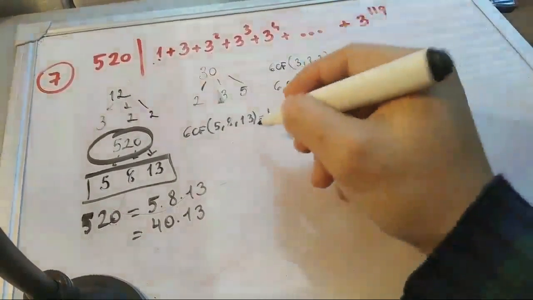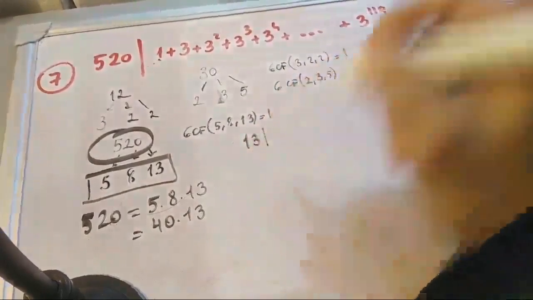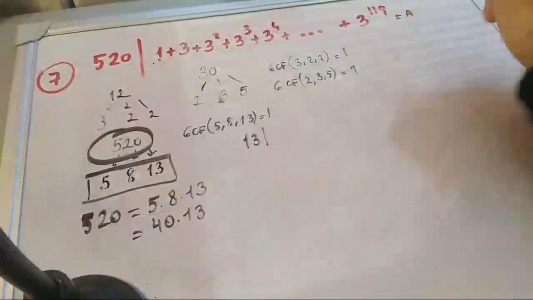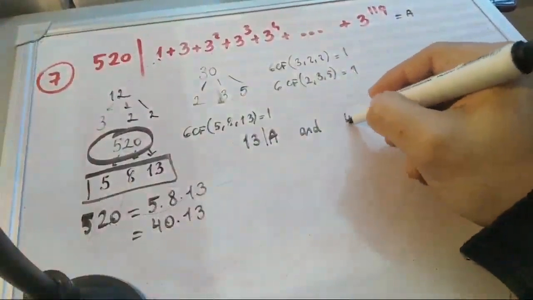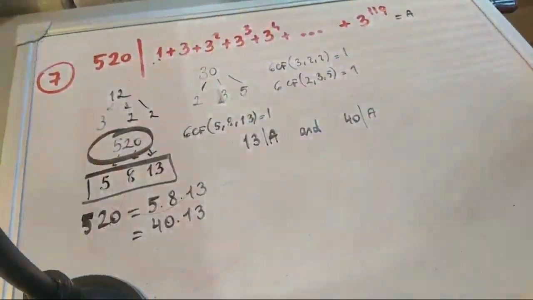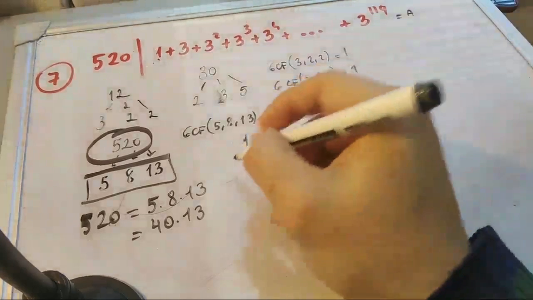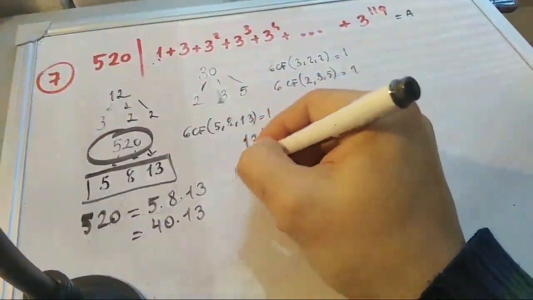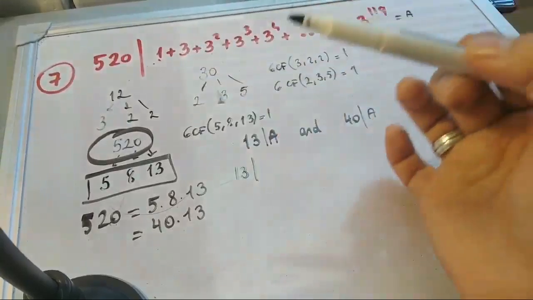The number must be divisible by 13, and let's say the number is a, and also 40 divides number a. We will make a group for 13. 13 divides.